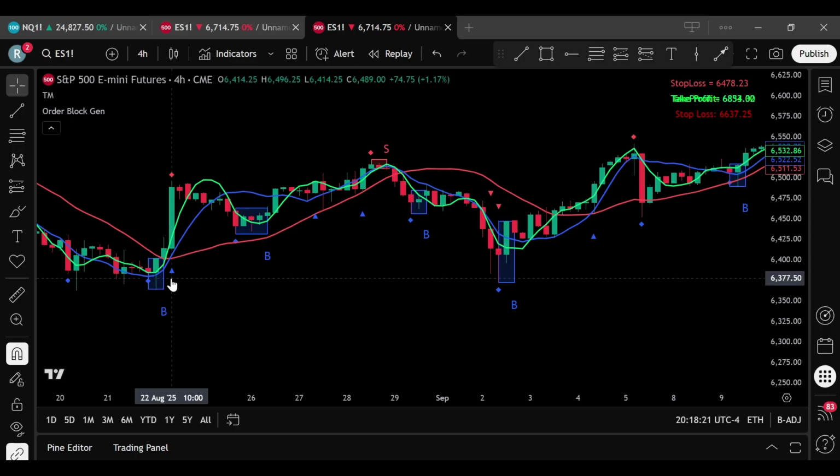So for instance, Trendmaster Pro with this arrow here finds the uptrend. Right as that is happening, we then see the order block gen find this order block. Now price doesn't immediately retrace to it, but that doesn't mean that this is not still significant. It still holds a lot of significance based on how close these two are together.